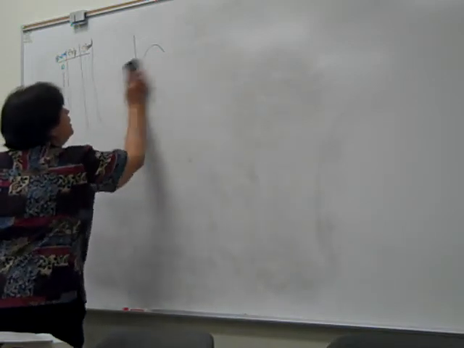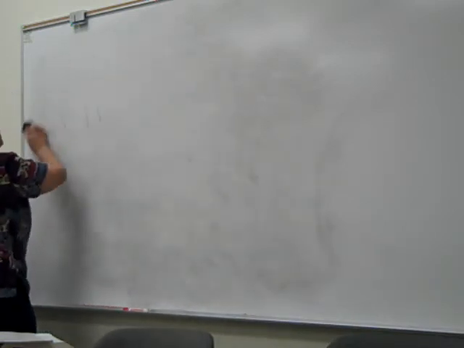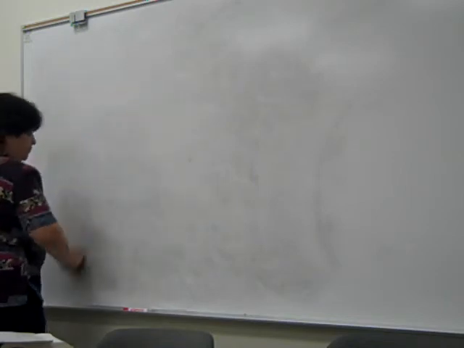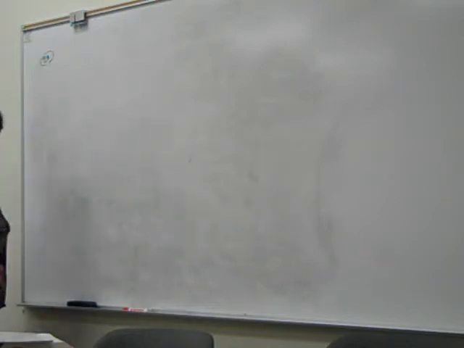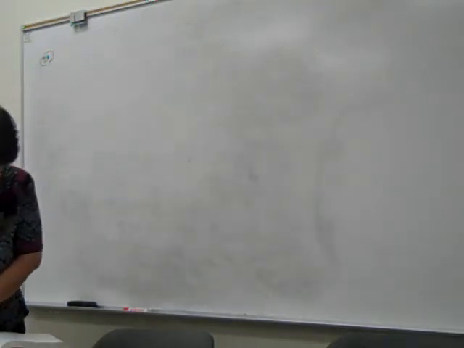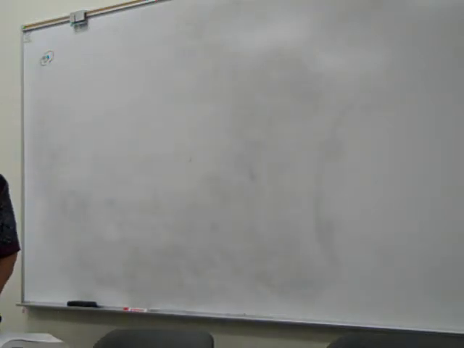Okay, let's do problem number 23 in your book. It says the number of incoming phone calls at a company switching board in a 1 minute interval is believed to have a Poisson distribution.